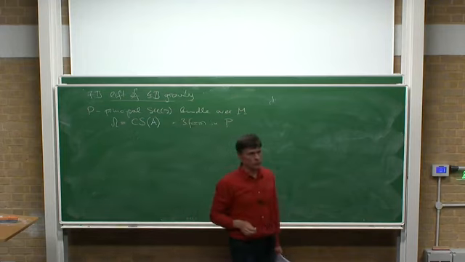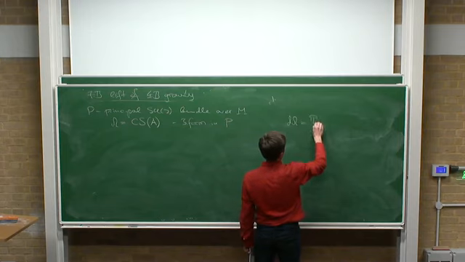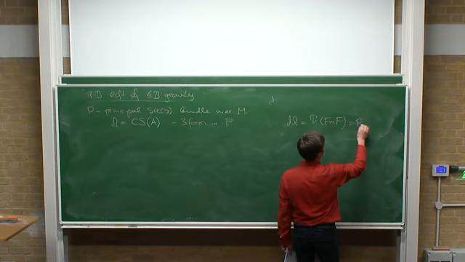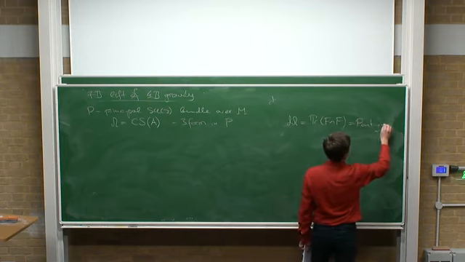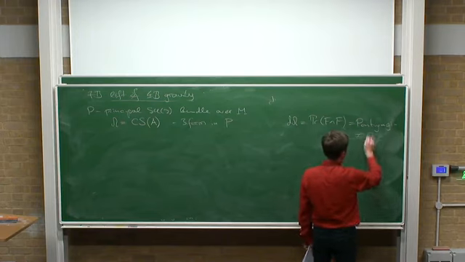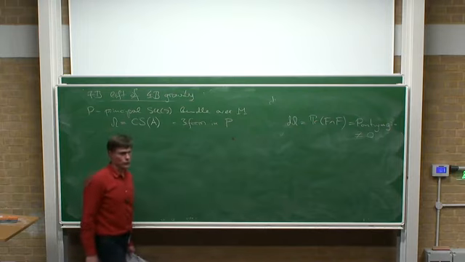Of course, I immediately notice that omega, which is equal to trace of F wedge F, where F is the curvature, in general doesn't have to be 0. And actually, we want to consider the bundles for which this is not equal to 0.